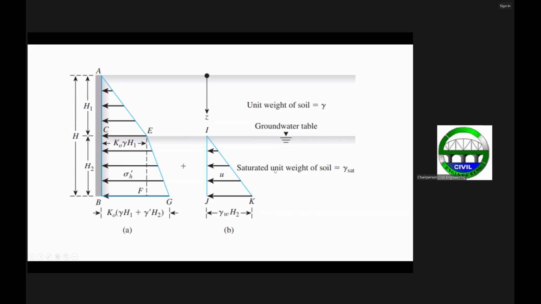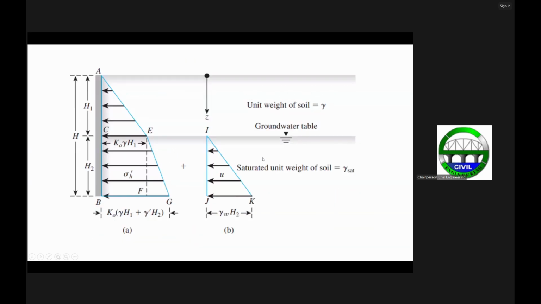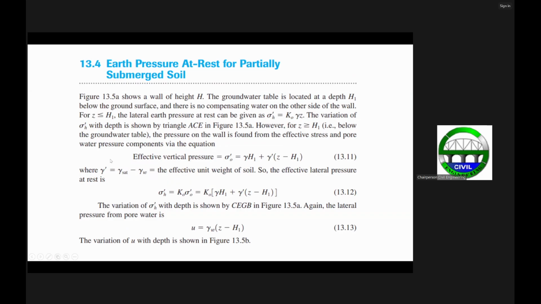So if this is your Z, then this depth here from the groundwater table is Z minus H sub 1, and you multiply that by gamma prime, where gamma prime is equal to the saturated unit weight minus the unit weight of water. That gives us the effective unit weight, if we can still recall.